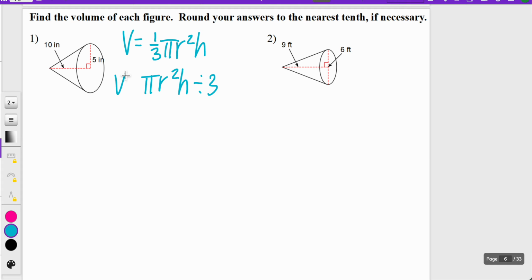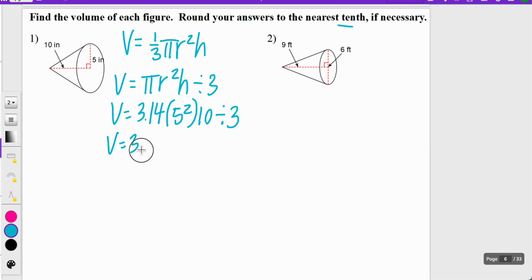So what I'm going to fill in first is all my numbers. I have pi is 3.14, radius squared is 5 squared, and my height is 10, and then I'm going to divide that answer by 3. I am going to round to the nearest tenth, so that's just 1 decimal place. Keep in mind that 5 squared is 25. So now I can just do this in order.